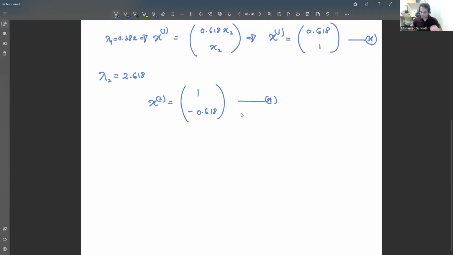Okay, so now I'm going to discuss one more important thing regarding this eigenvector. There's another important topic regarding the matrix. I don't know whether everybody studied this in linear algebra.